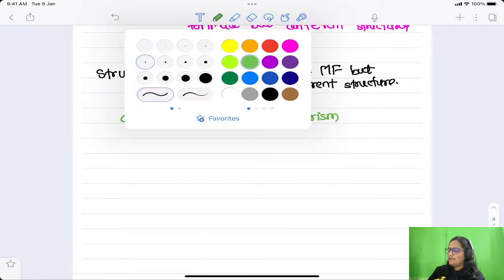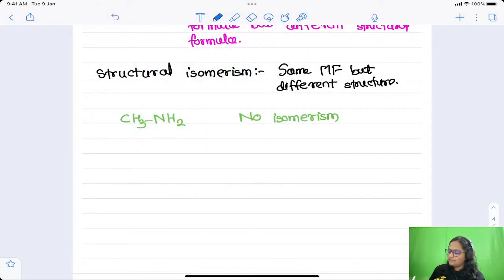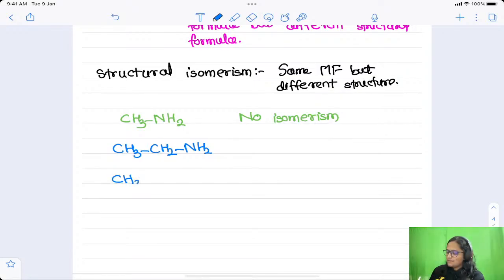Next structure I will write down is CH3CH2NH2. Now here, in the case of CH3CH2NH2, I can write one more structure with the same skeleton, and that is CH3NHCH3.